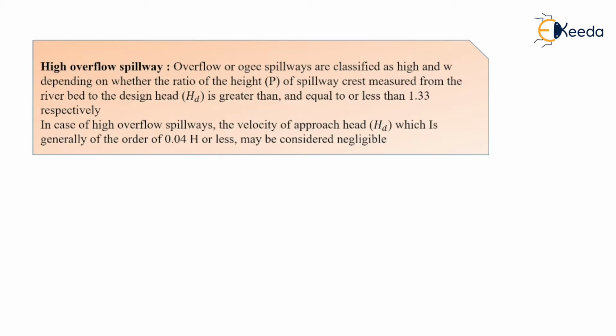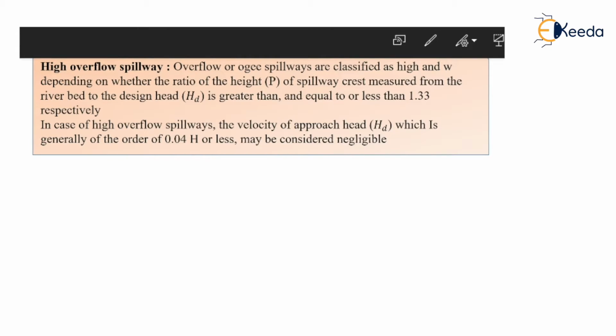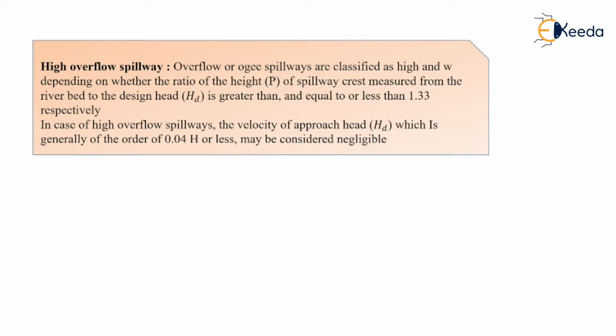See, before proceeding to the design of an Ogee spillway, we need to study some important technical points, that is, when it is said to be a high overflow and when it is said to be a low overflow. For deciding this, the Ogee spillway is said to be high or low depending upon the ratio of the height of the spillway crest.